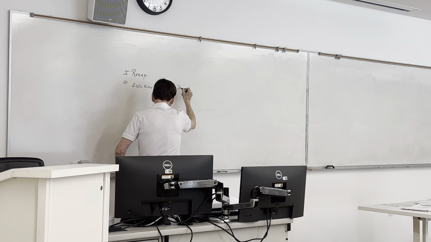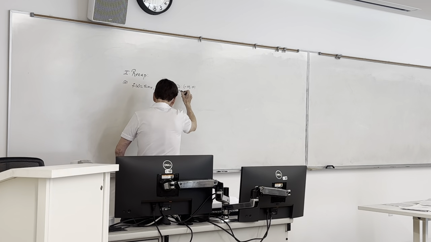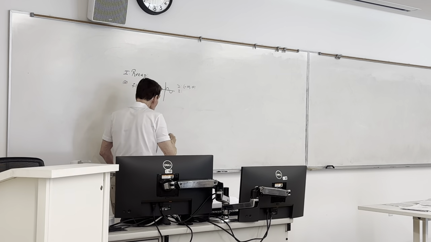You have one cycle up here for the parent graph, but it continues forever. The range, anyone recall what the range was? From here to here, negative 1 up to positive 1. Gotta know all this.